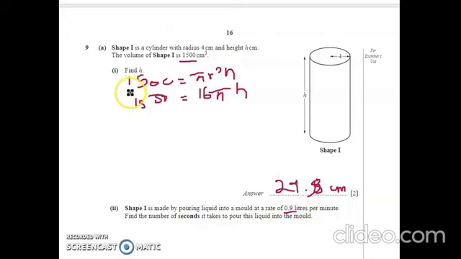So we know that the volume of the liquid will be the same, and the height covered will be the same. So that is 29.8 centimeter, right? But we know that the volume is 1500 centimeter cube. So 1500 centimeter cube will be 1.5 liter.